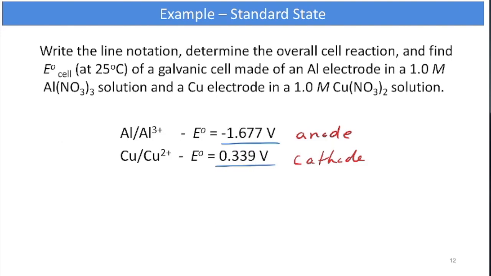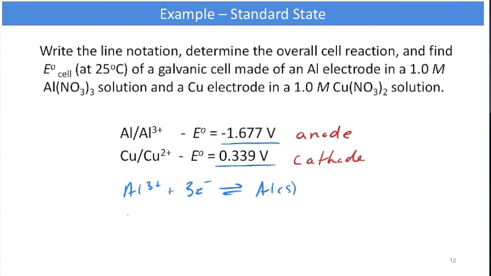To do that, let's first write out two reduction reactions using aluminum and copper. If it's a reduction reaction, we have to have electrons on the reactant side. So for the reduction of aluminum, it's aluminum 3+ plus 3 electrons going to aluminum solid.